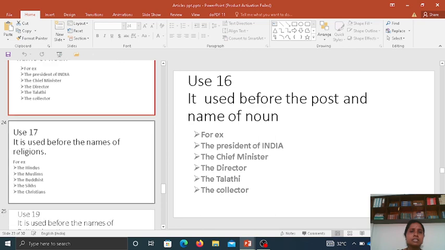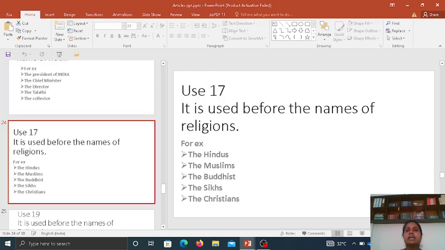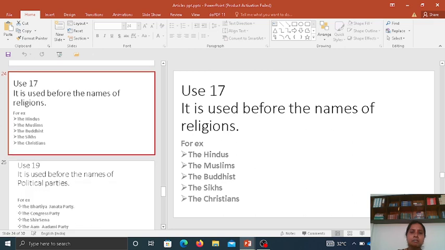Then use number 17 of the: it is used before the names of religions. Here are given the Hindus, the Muslims, the Buddhists, the Sikhs and the Christians. In this way, when the names of castes or religions come, you have to write the before that.